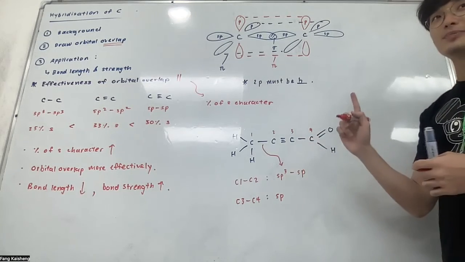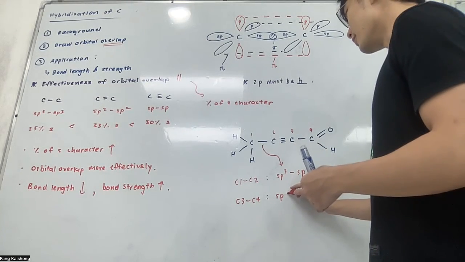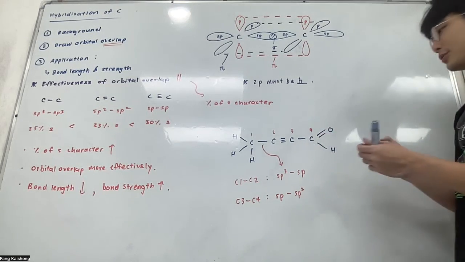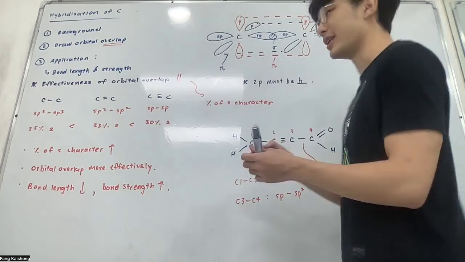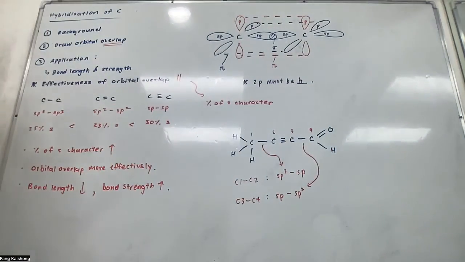Not really. Look at what's sp. What's carbon 3? Carbon 3 is linear, so it's sp followed by sp2. Trigonal, so sp2. So you can see carbon 3 and 4, the orbital overlaps are different as well. So you must look at each carbon individually, look at its shape first. Then you can identify the orbital overlap.